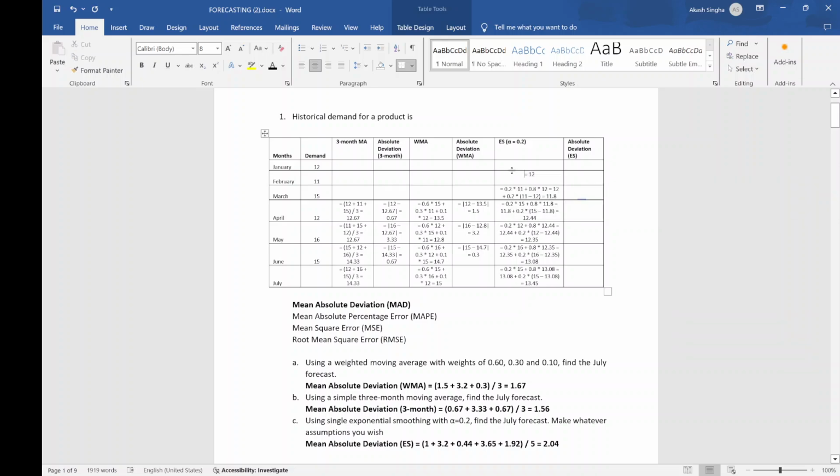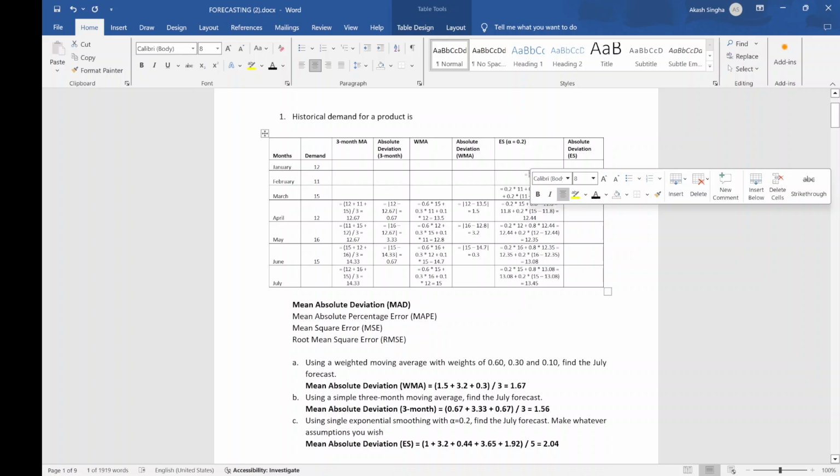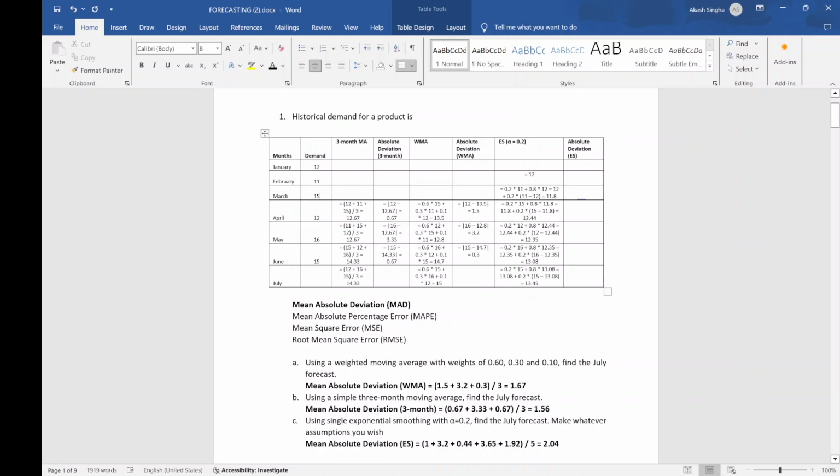And after that, as it is given alpha equals 0.2, multiply that 0.2 with the value of last month's demand, and 1 minus 0.2 is 0.8. Multiply that with the last month's forecast. So alpha into last month's demand and 1 minus alpha into last month's forecast. That will be the forecast for the next month.